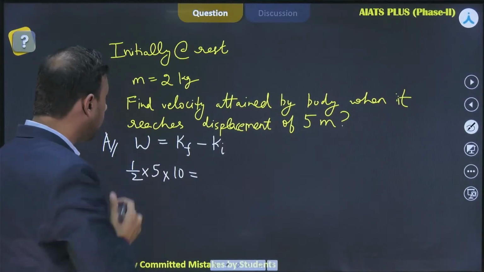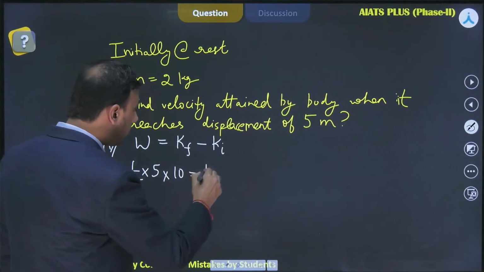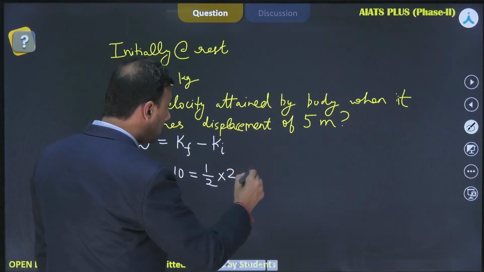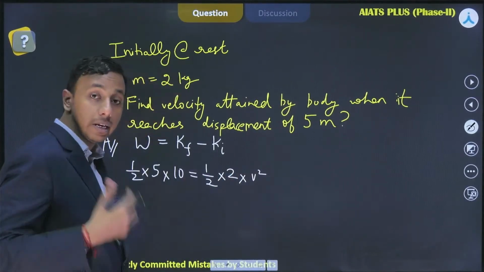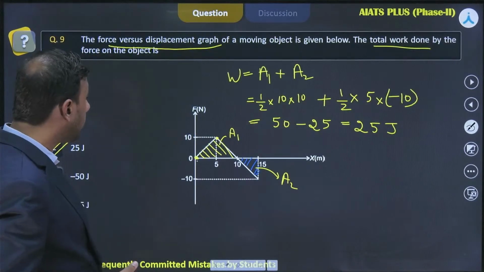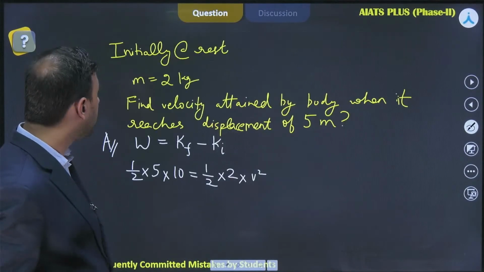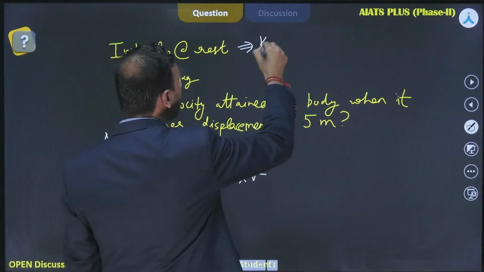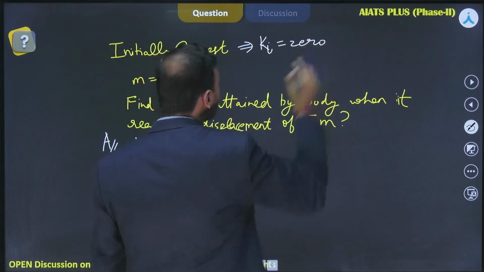Kinetic energy would be half mv square. Half into mass, which is 2 kg, into v square. Initial kinetic energy I had given as 0, I wrote initially at rest. So therefore, initial kinetic energy equal to 0.